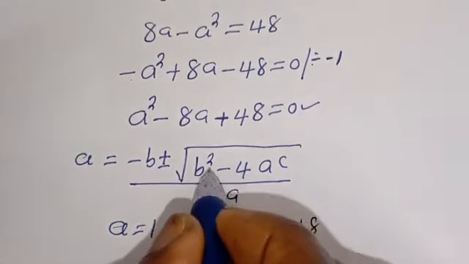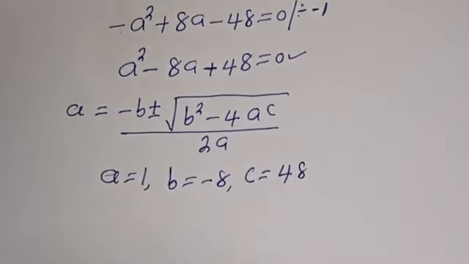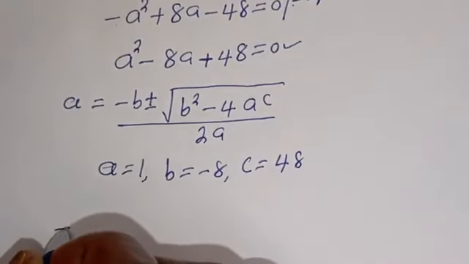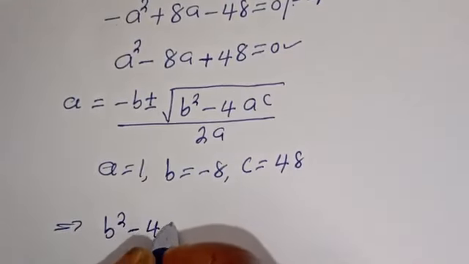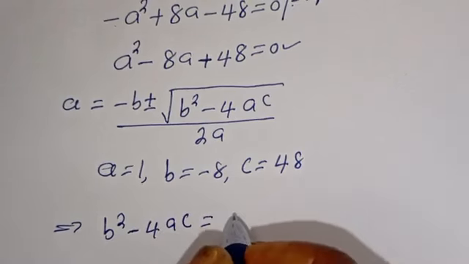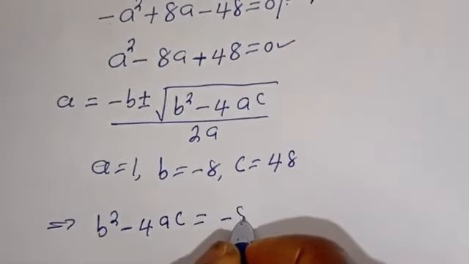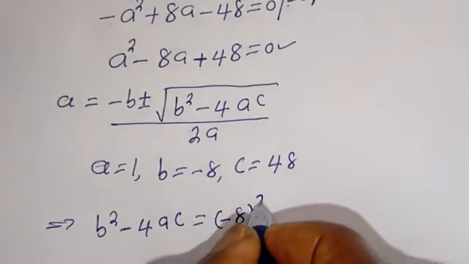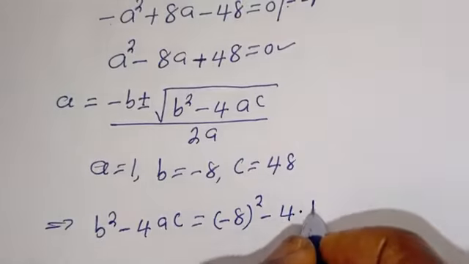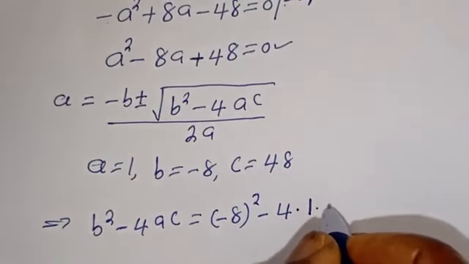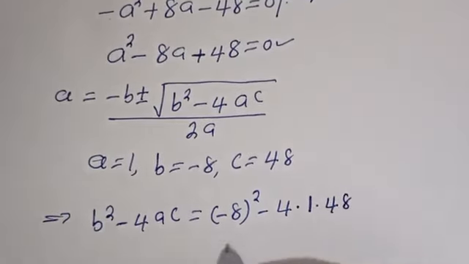Now let's consider this B square minus 4AC, which is the discriminant. That is, B square minus 4AC is equal to minus 8 square minus 4 multiplied by A is 1 multiplied by C is 48.